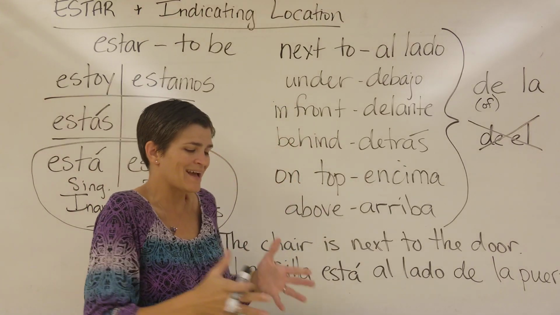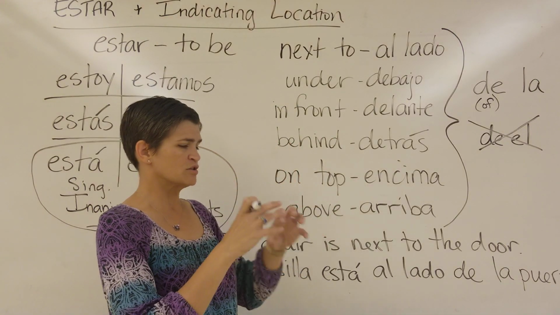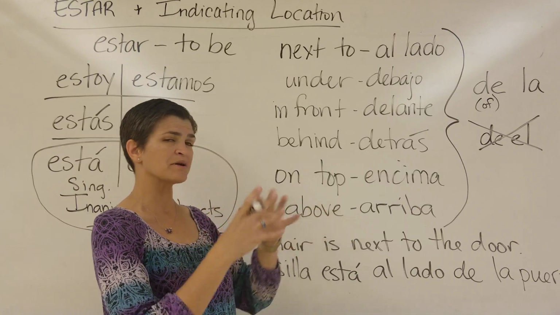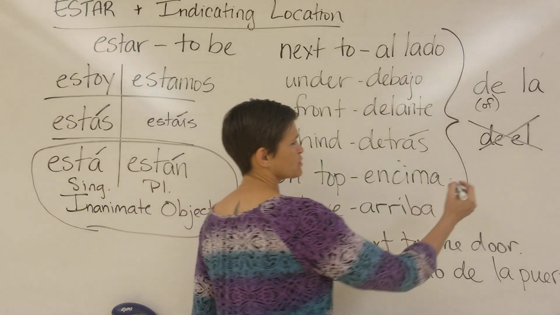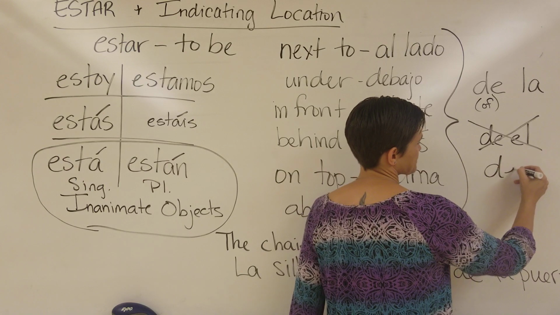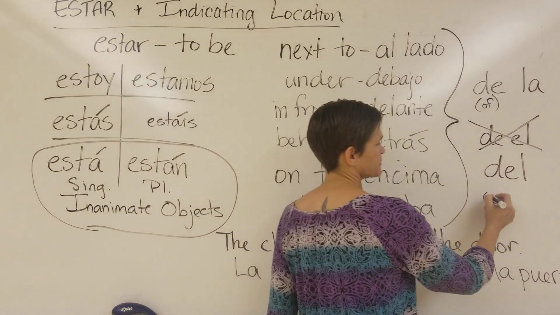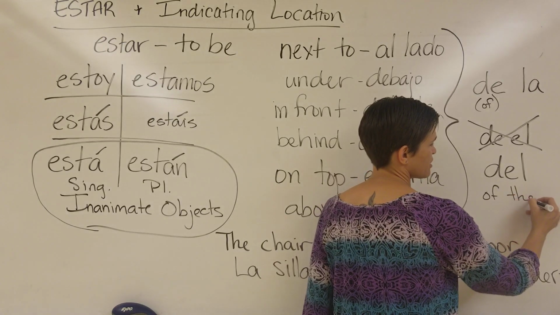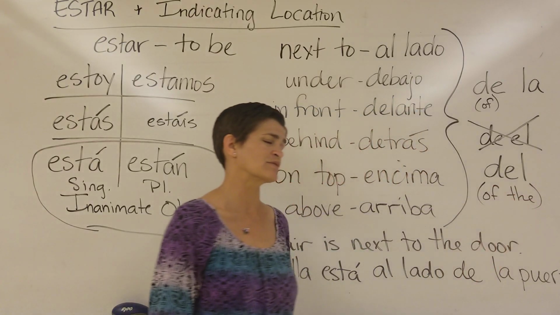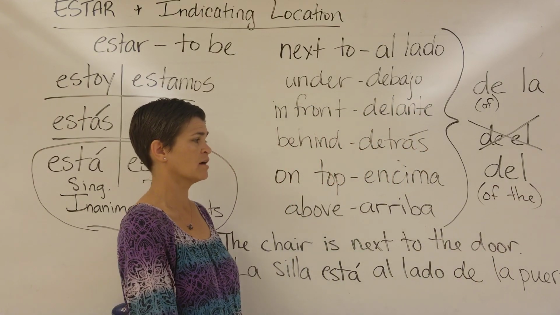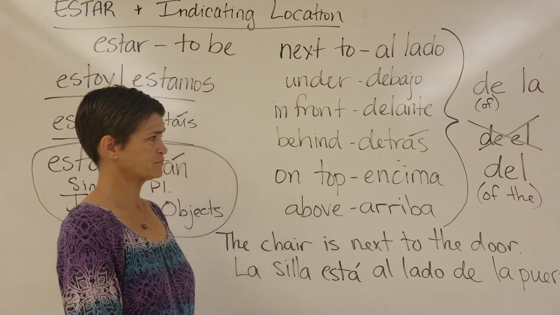We can't say de el. They don't like that. Two vowels next to each other. So over time it got squished together. So when we say of the and it's masculine, it comes together to be this word del. And that means of the when it's masculine. So when we say del taco, we're actually saying of the taco.